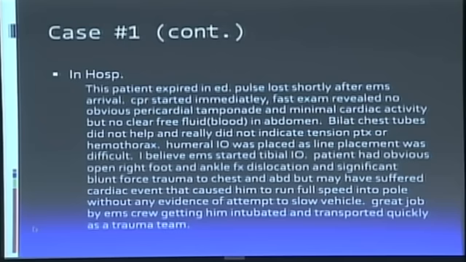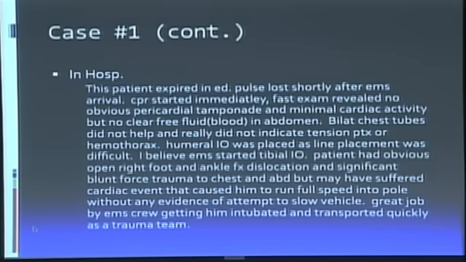So we take an ultrasound probe and look initially at the heart to see if there's any evidence of cardiac activity initially, and also tamponade that would be a cause of the arrest. And then we look in the abdomen to see if there's any evidence of exsanguination internally, any free fluid that would be consistent with hemorrhage.